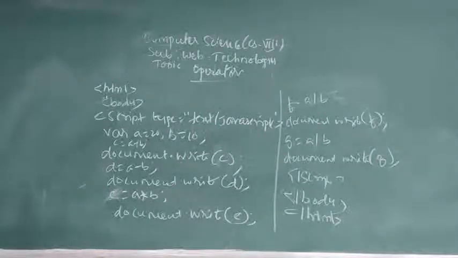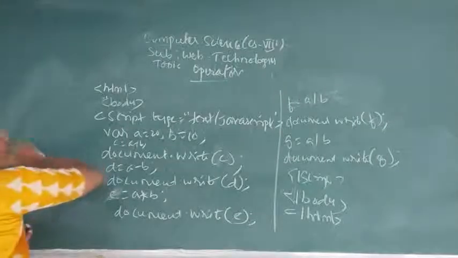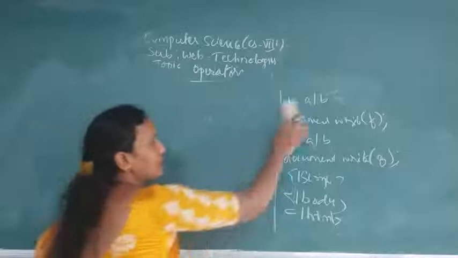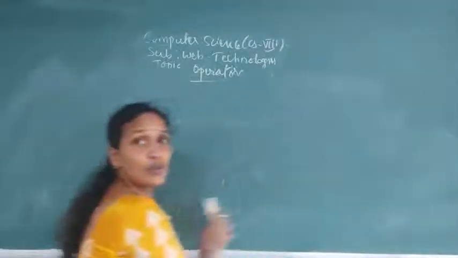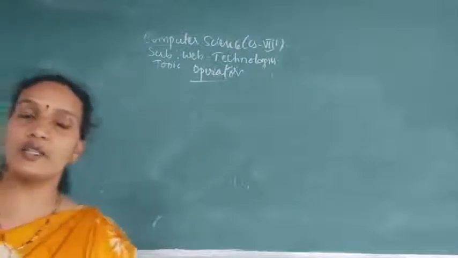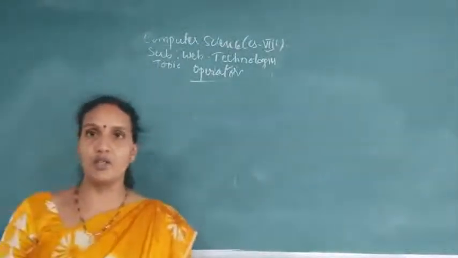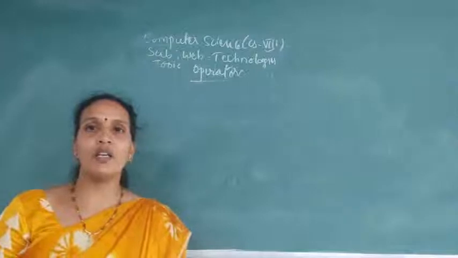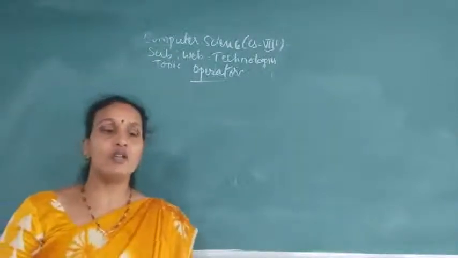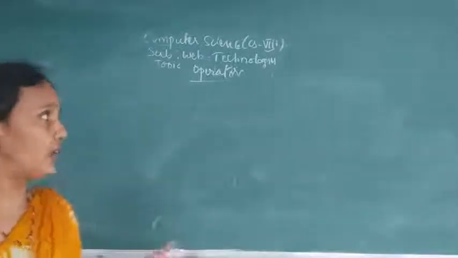Now the next one is the relational operators. What are the relational operators? Relational operators are used to compare two operands, like less than, greater than, less than or equals to, greater than or equals to, equals to, not equals to. Such operators come under relational operators. So what relational operators does JavaScript support?